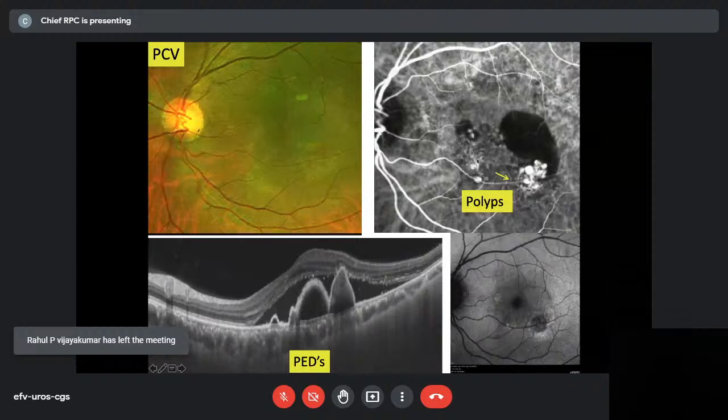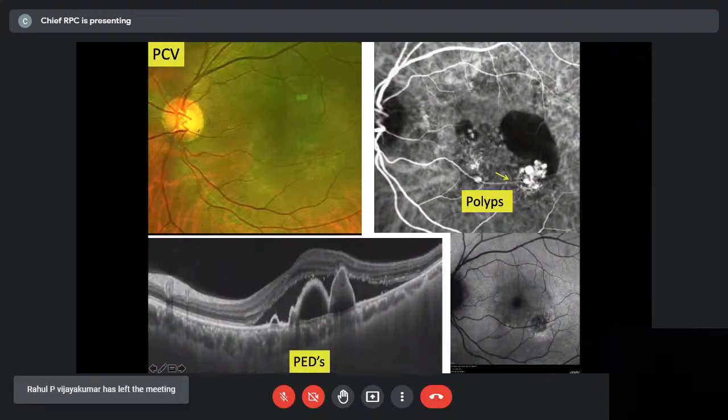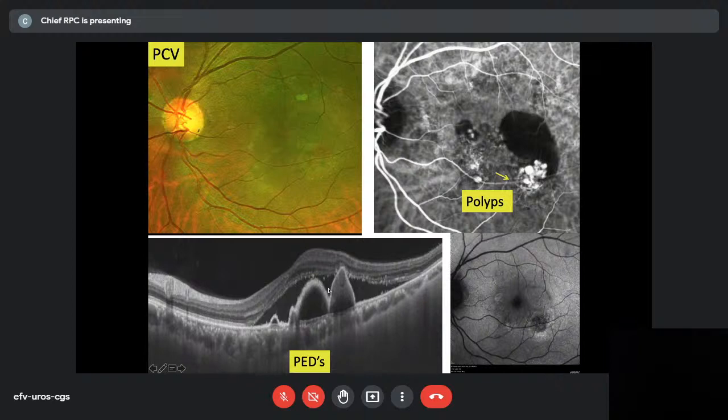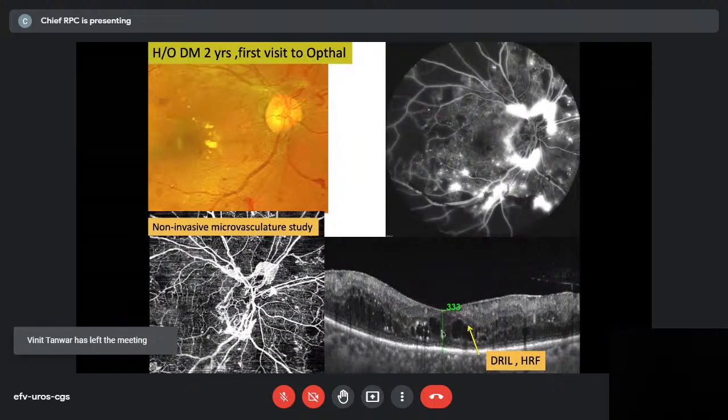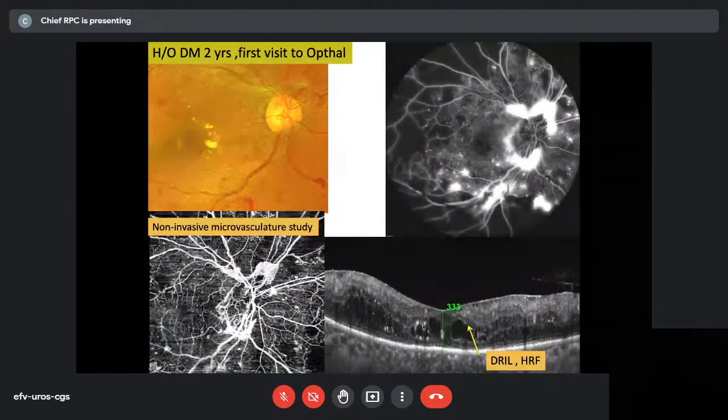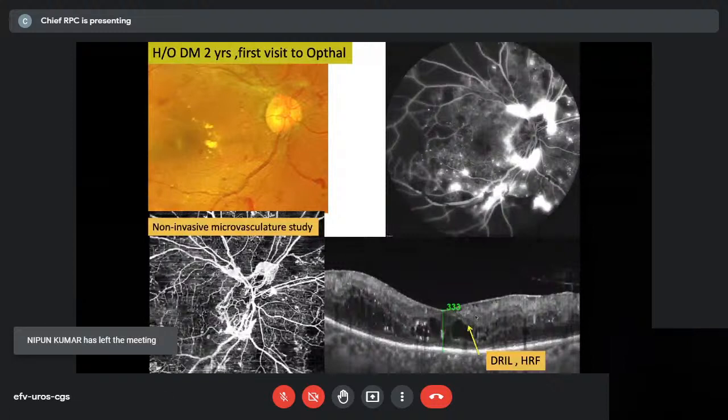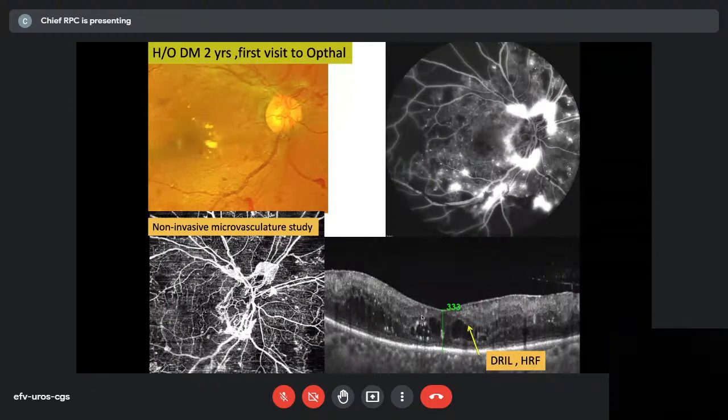PCV is another patient with multiple clusters of grape-like polyps, and this is classical with the multiple PDs. In diabetics, you will see the FA hypofluorescence gets mapped out very well on OCTA, and the OCT tells you the exact cystic fluid presence in the ORT. This patient has lost some structure, and he's got a certain degree of DRIL also. Hyperreflective foci, ORT, he's got this ORT.